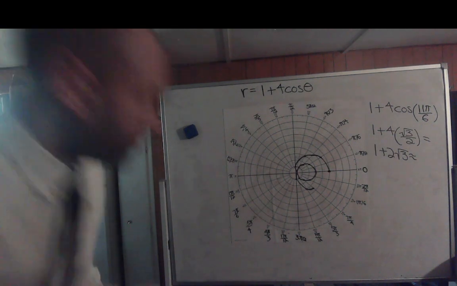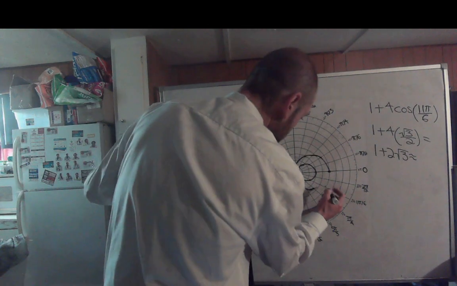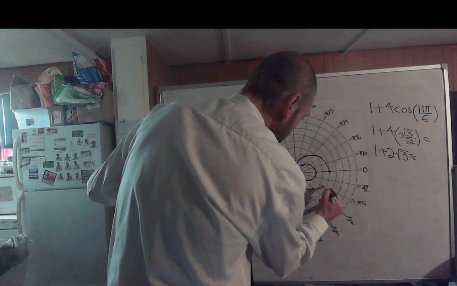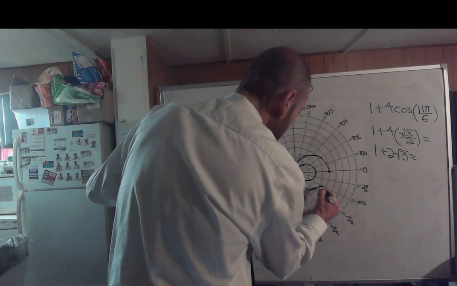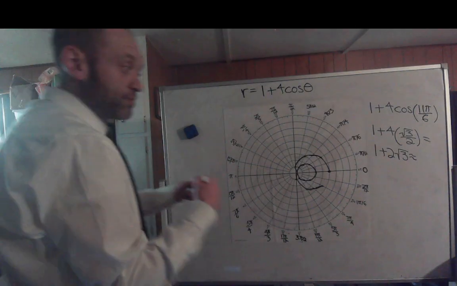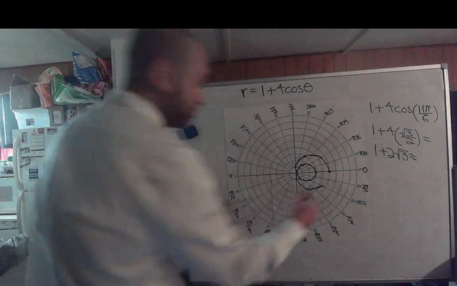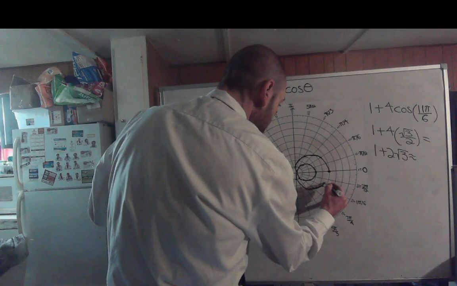That's about 4.46, so that's going to be about right there. And then we're back to 0 or 2 pi. When we get to 2 pi, we're back where we started.